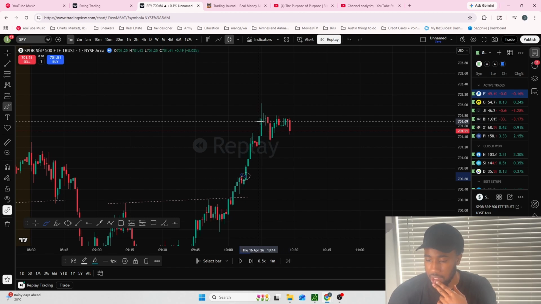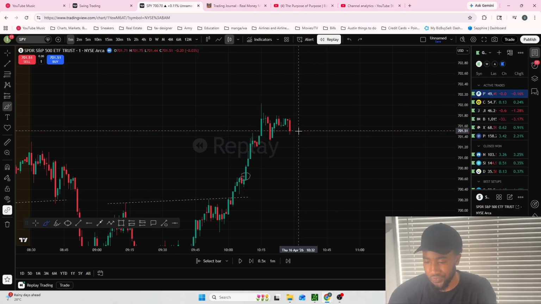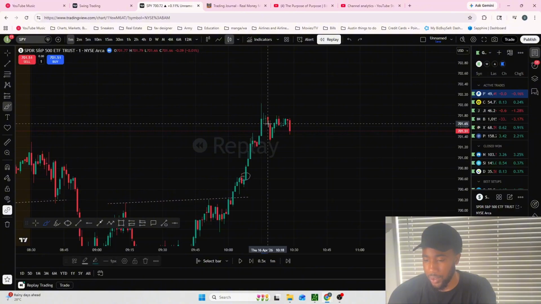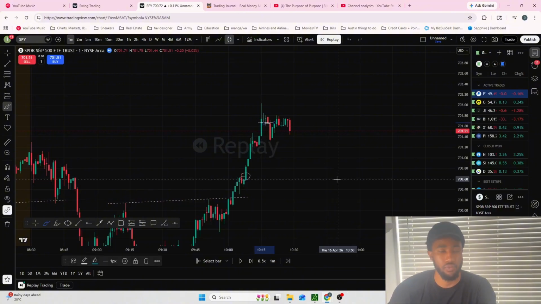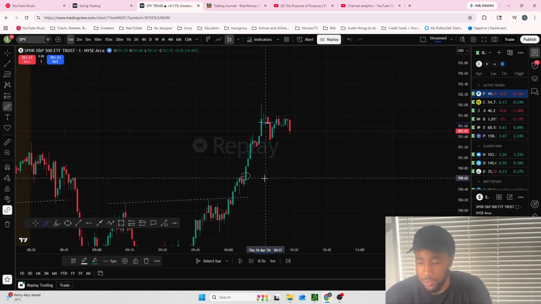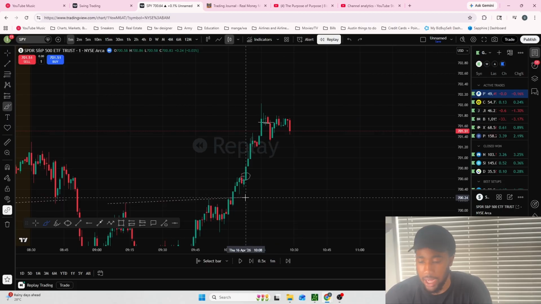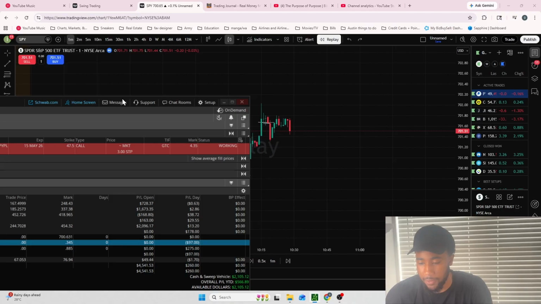Once this weakness shows, I'm actually in this entire candle. I'm probably out around this point. And this momentum pushes up a lot. It makes me that 275.